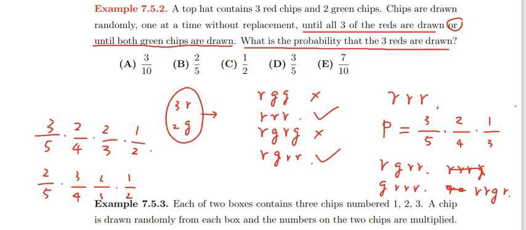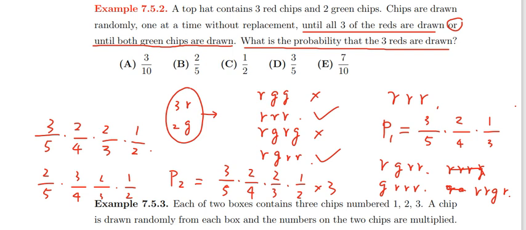So we put this as P1, then this case P2 is just equal 3 over 5, 2 over 4, 2 over 3, 1 over 2, multiply 3 cases, like 3.